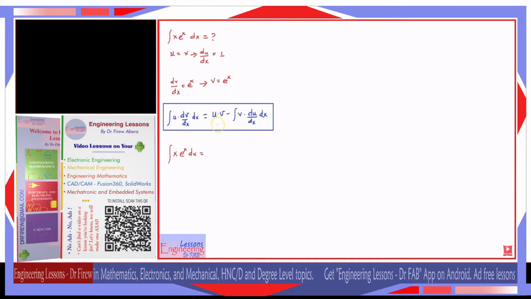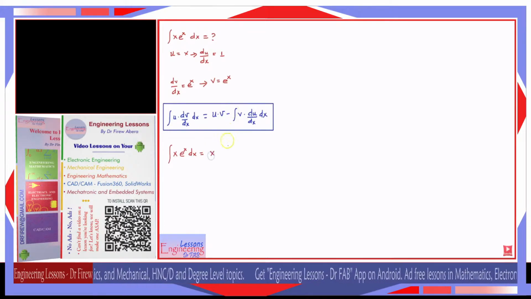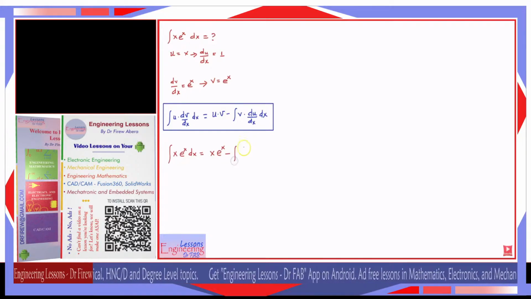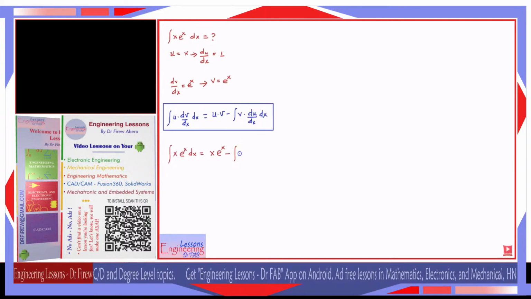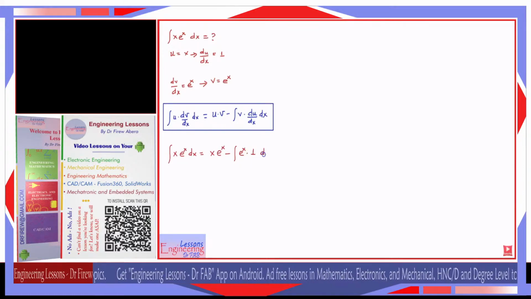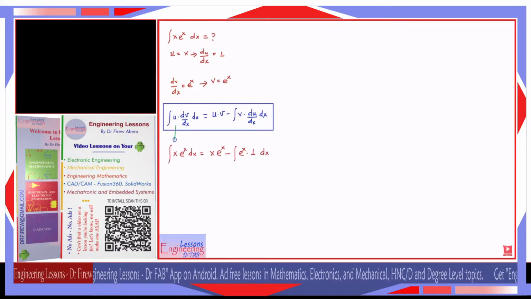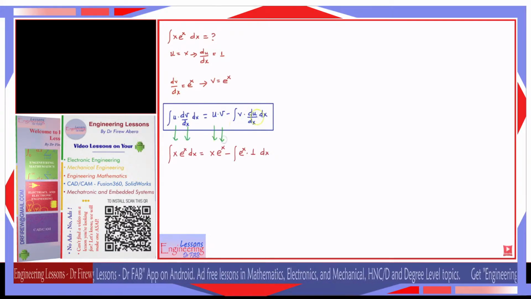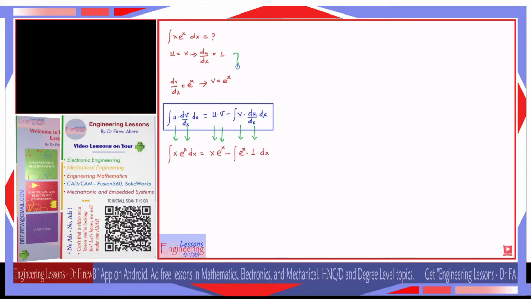That equals u, which is x, times v, which is e raised to x, minus the integral of v, which is e raised to x, times du by dx, which is 1, dx. What we were doing was just relating this in terms of the defined variables based on that assumption.